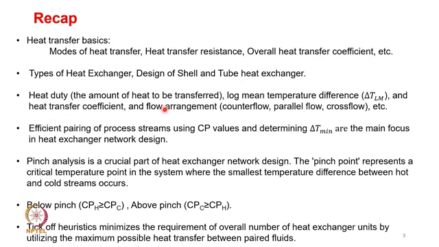For instance, what type of flow you should use: cross flow, counter flow, parallel flow, and so forth. Then we looked at pairing the process streams using Cp values to determine the minimum delta T, which we call delta T minimum, and that is the key aspect in the design of heat exchangers.